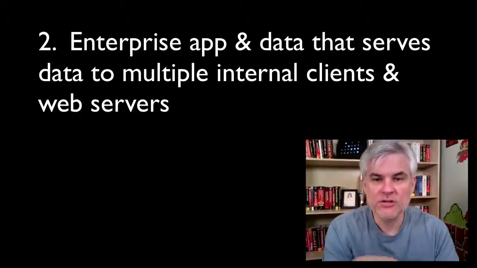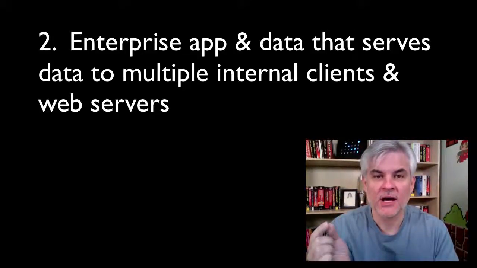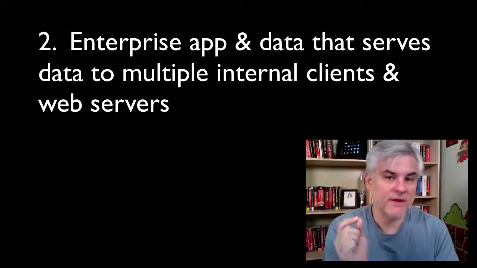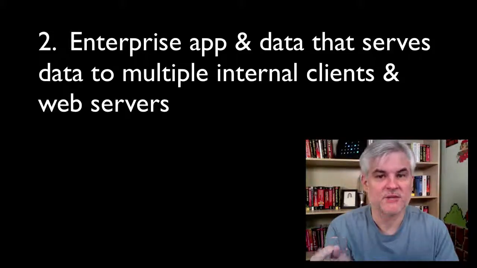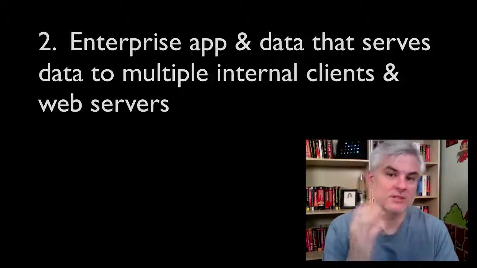Each internal end user is running a client application on their workstation. The database lives on a database server on a cluster of computers, but it's accessible to the client applications via remote call across the network. And also it's available to a cluster of web servers. They also access the database servers through the network. So that's the second scenario.